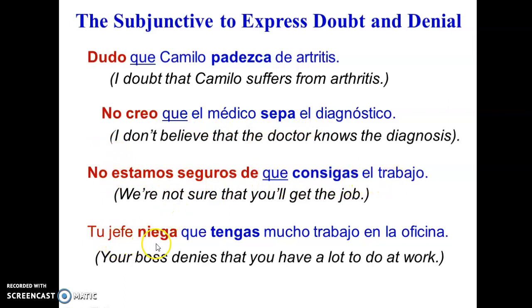Tu jefe niega que tengas mucho trabajo en la oficina. So we see that there's doubt, denial, not believing in something, not being sure about something. And so we use the subjunctive.